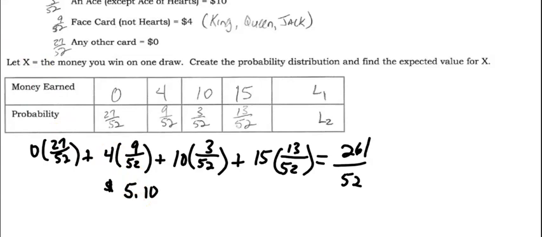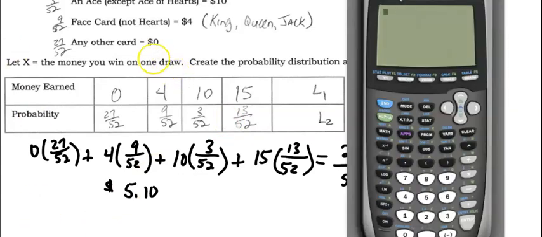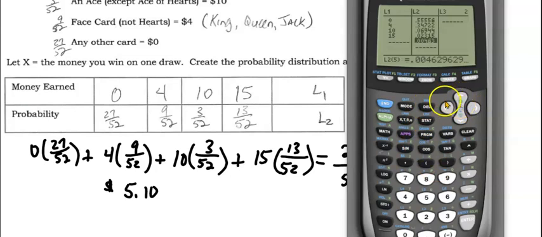Hopefully when you put it in the calculator, again, the money earned goes into L1, the probability goes into L2, and you do the one variable stat. In case you need to see it, again, Stat, Edit, we're going to put the values 0, in this case 4, let's go 10, and 15. Those are the values we can earn, and then we'll put the probabilities in.